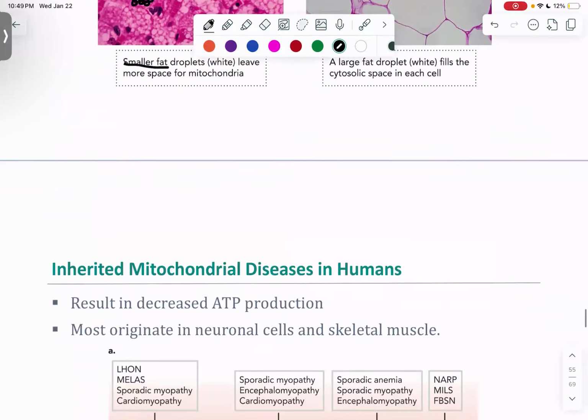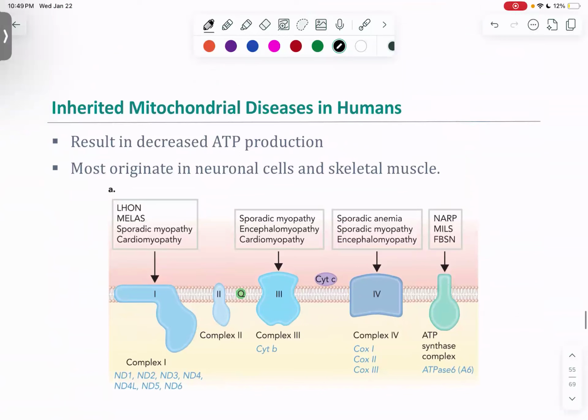It's kind of cool. Okay, last little cool thing here is inherited mitochondrial diseases. When we talk about the mitochondria, we know that when the egg and the sperm cell come together, the mitochondria in the sperm cell are located in the tail. That's why they can swim around.